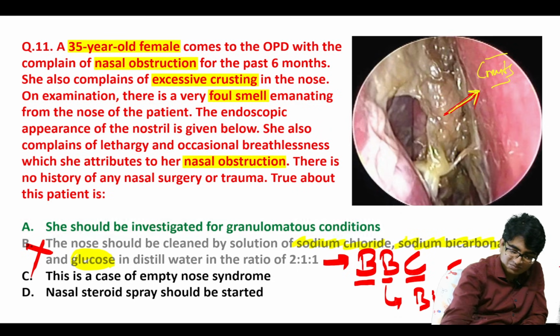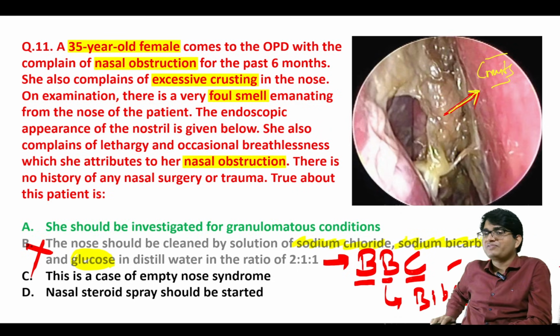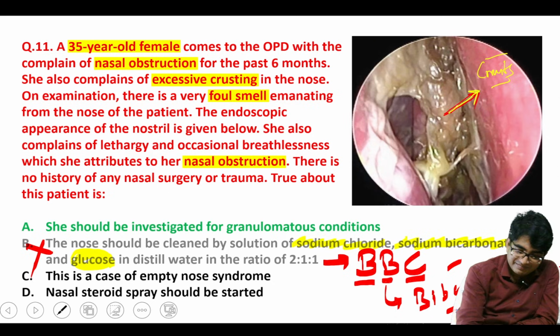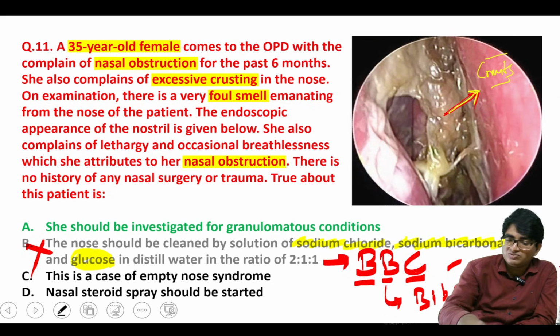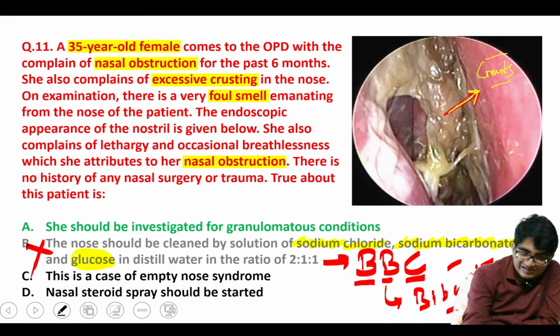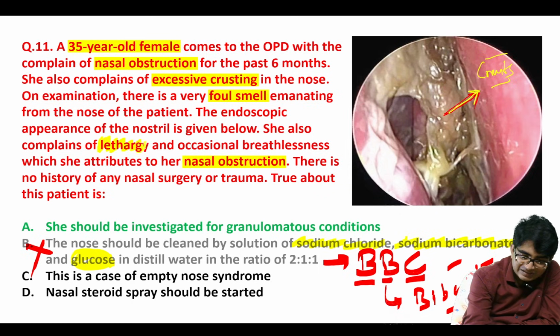Now the answer should be, it should be investigated for granulomatous conditions. I have told you that granulomatous conditions may lead to this. Now there is also one clue in this question which you have missed. She also complains of lethargy and occasional breathlessness.